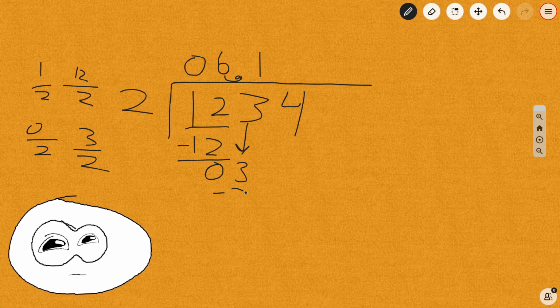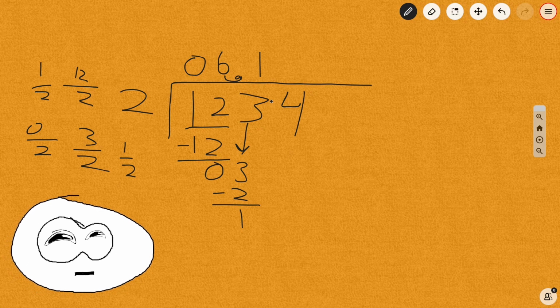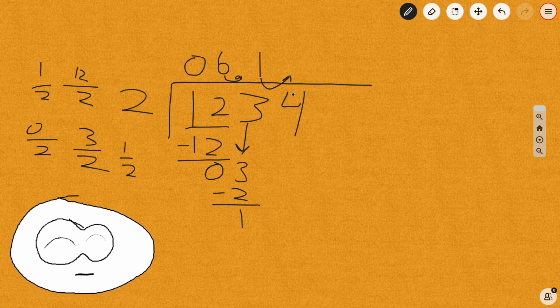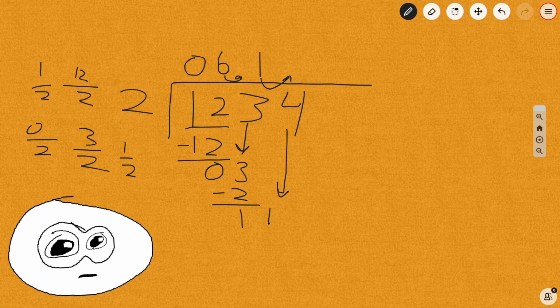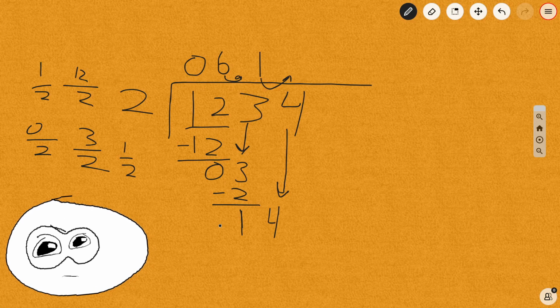So 3 minus 2 equals 1. And how many times does 1 go into 2? Technically 0.5, but it's not a whole number. So then you move on to the next space, and you carry down the 4. And so this becomes 14. And so how many times does 2 go into 14?